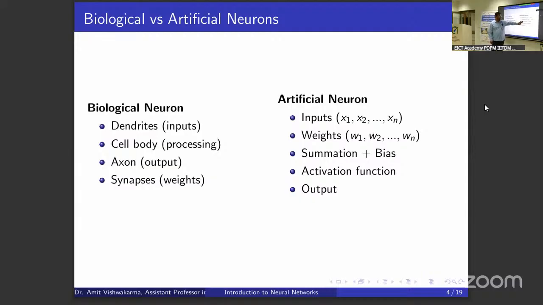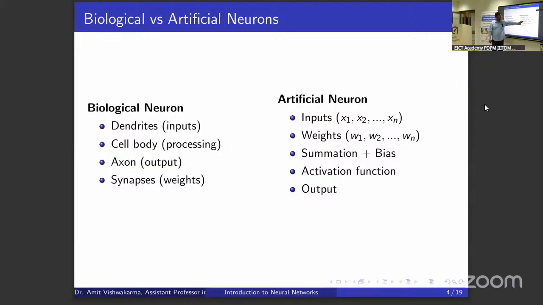Then summation and bias. We have the inputs Xi and weights Wi, where i varies from 1 to n. For simplicity, I can pronounce it as Xi. So Xi multiplied by Wi, then summation, we multiply this.